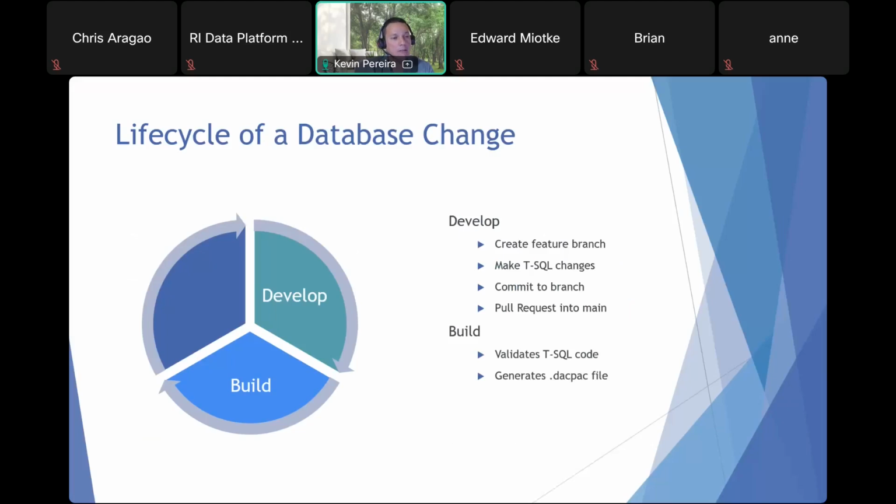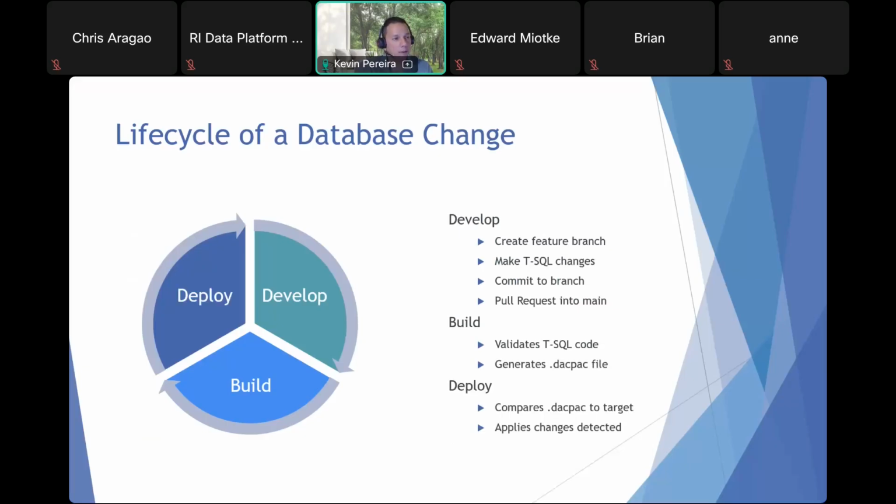The way this works is your database is associated with a database project, and then you perform the build. It generates a DAC file, which becomes the artifact that you then use for deployment.